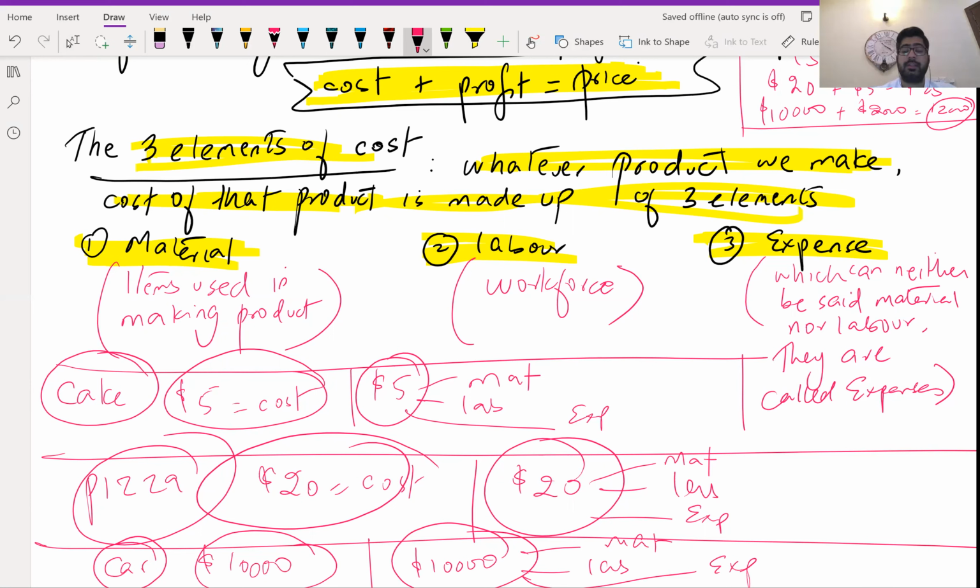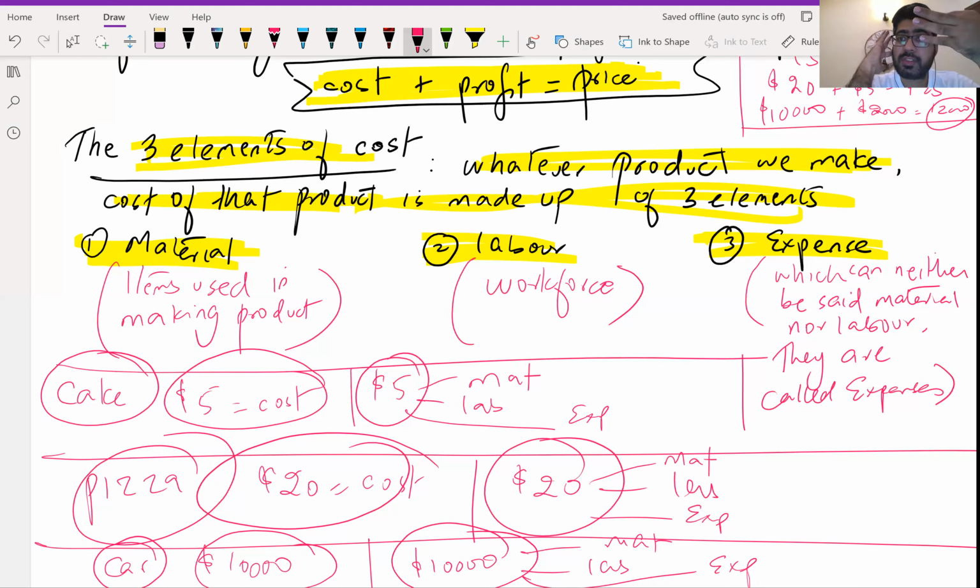Okay, this is not about only the examples I quoted. You can check anywhere. Let's suppose a house was constructed. Was the house constructed for free? No. Let's suppose there was some money spent on house construction, 20,000 USD. That's cost. Expenditure incurred in making a product, that's cost. This cost was always made up of three things.